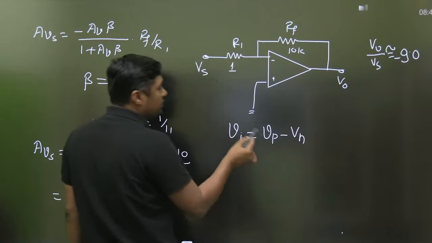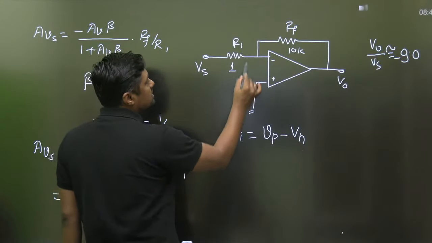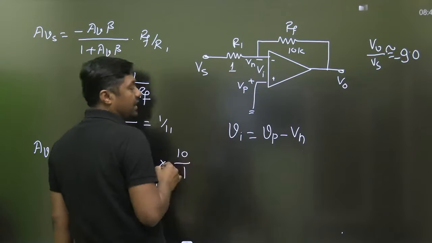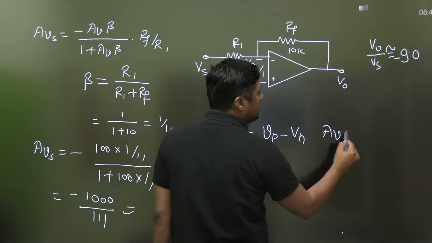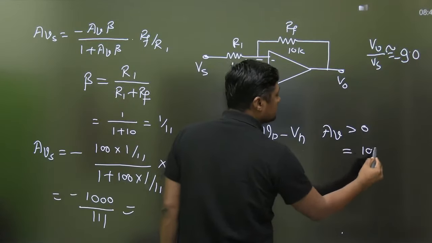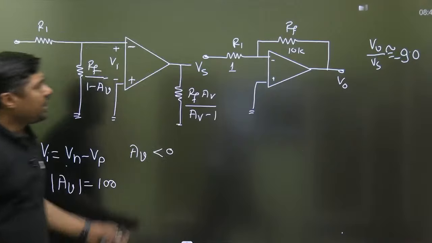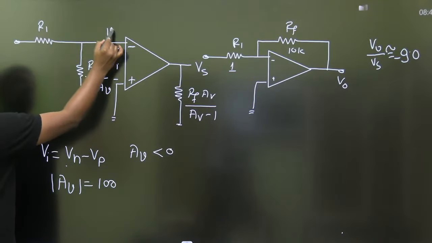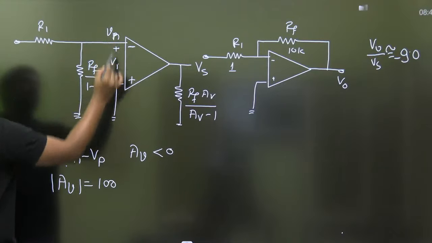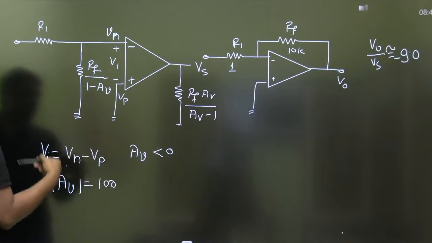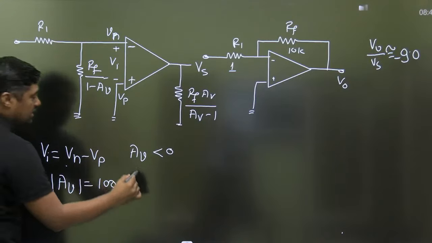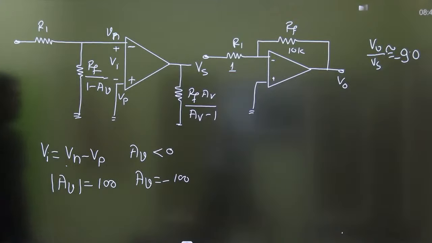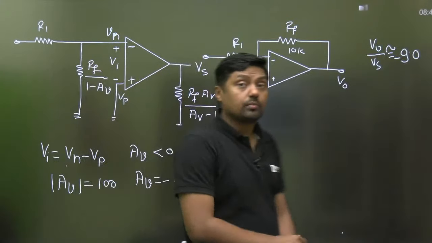So when I am using VI equal to VP minus VN, this is the VP, this is the VN, and this is called VI, then you have to use AV greater than 0, that is 100. But when I am applying Miller's theorem, I am using VI with this as the plus and that as the minus, this is the VP and this is the VN. In that case, you have to use AV less than 0, which means you have to use AV equal to minus 100. Okay, remember that is the concept about Miller's theorem.